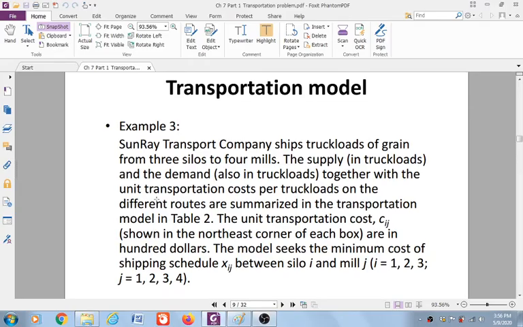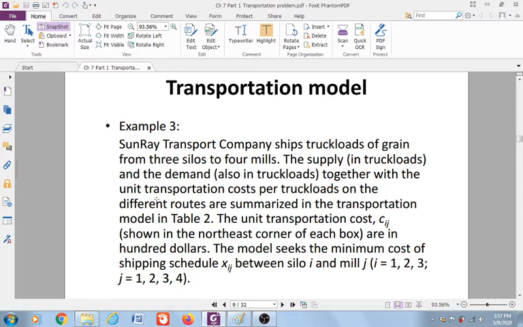Hello everyone. In this video I will explain how to solve the transportation problem. I will be using example number 3 in order to explain it.